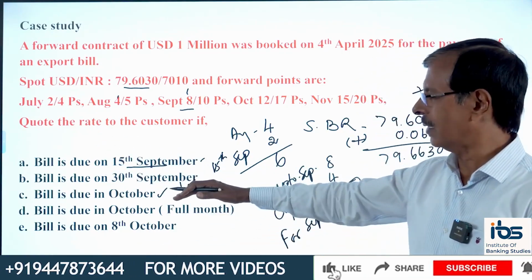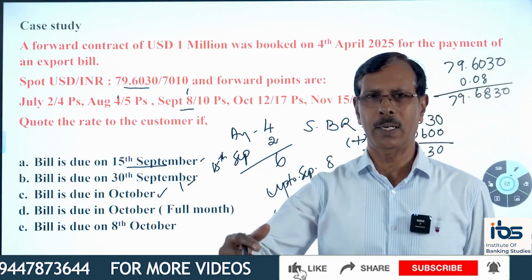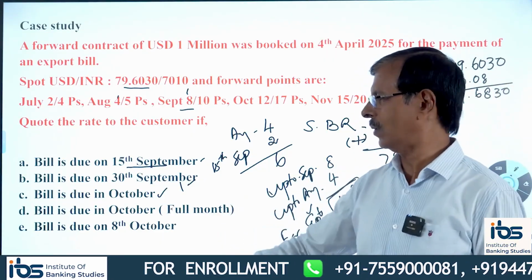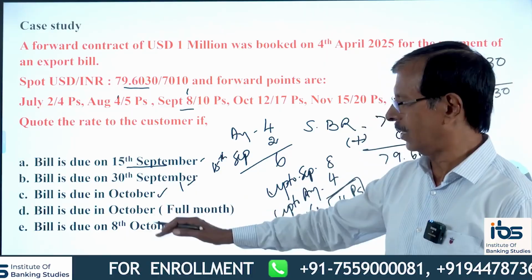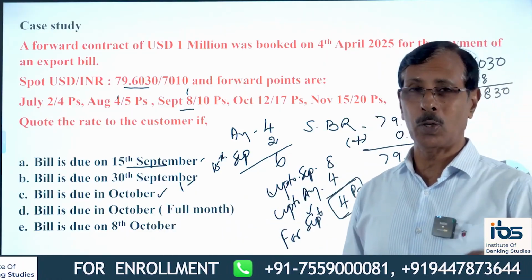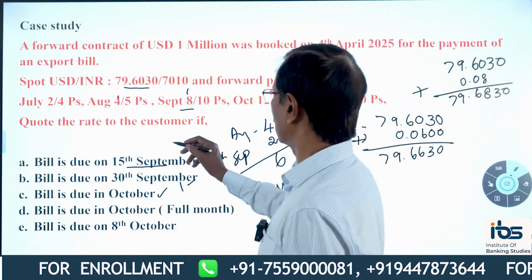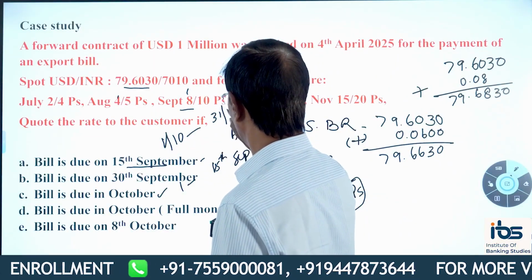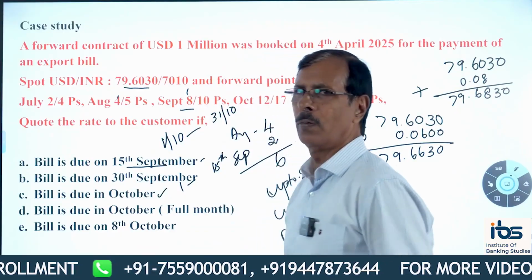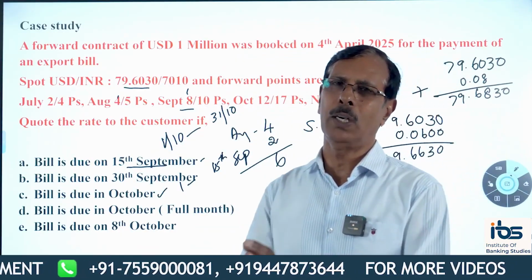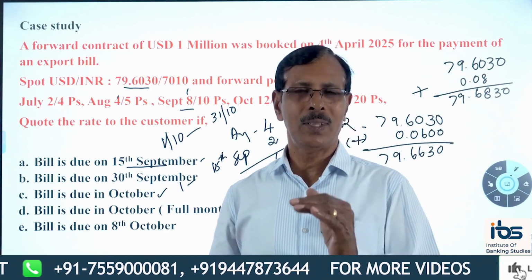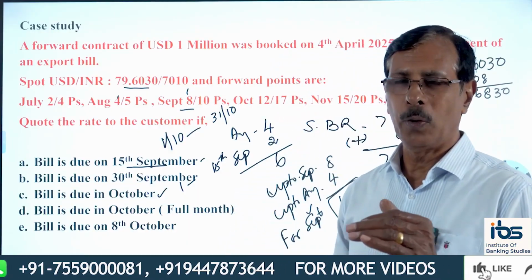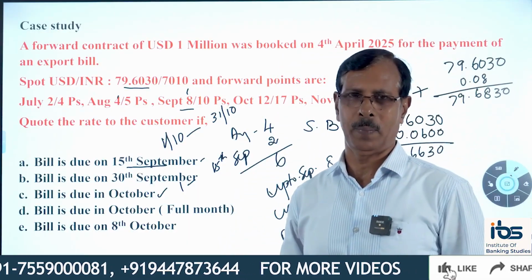In the second case, the customer can come and request for execution of the transaction on 30th September. In the third situation, if the bill is due in October, the customer can come on 1st or on 31st or any day between 1st of October to 31st of October. So this is the situation where you have to handle it in a different way.